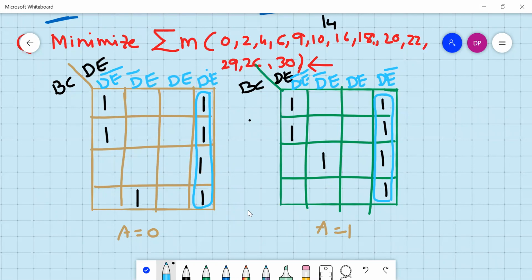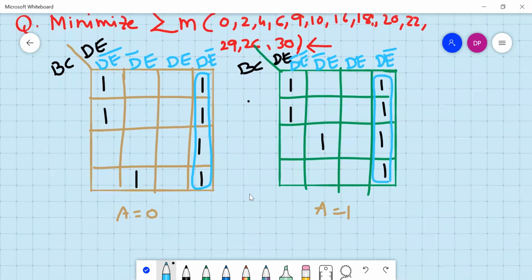This is D E complement, right? So the last one you can group as a group of 8 ones. So what will be the answer for that? What is common in these two? What variables are common? D E bar and D bar E.